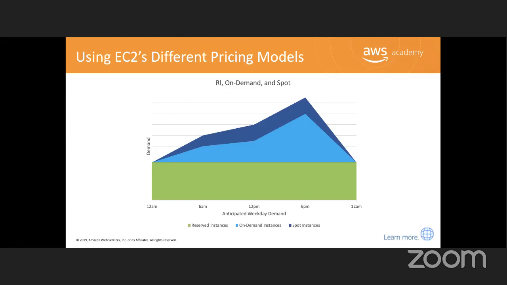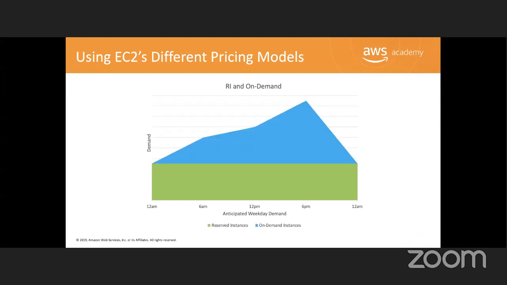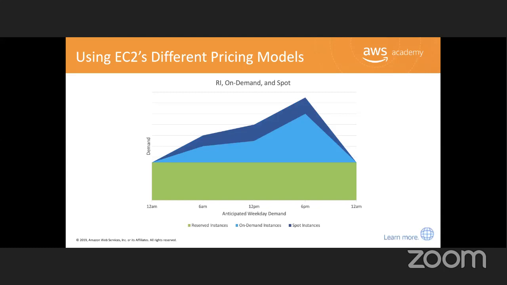Okay, so we can have the combination of reserved instances and on-demand, and you can have the combination of reserved instances, on-demand, and spot. Remember that each of them has a different use case, right? Reserved instances is for predictable patterns. On-demand is for unpredictable, and spot is for instances that can be interrupted at any time, right?